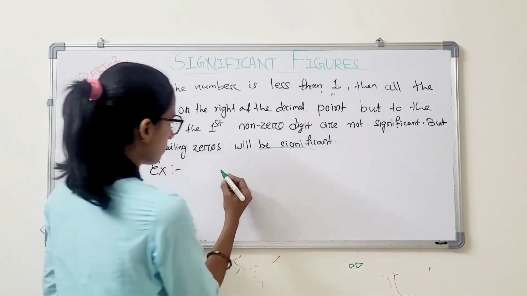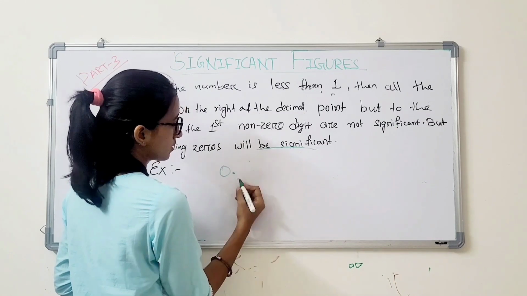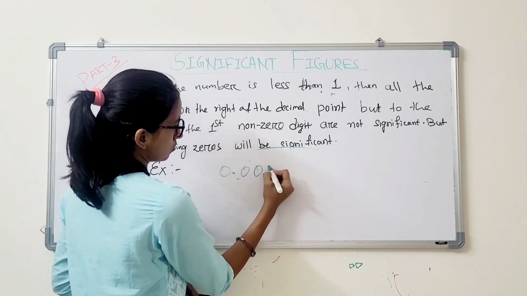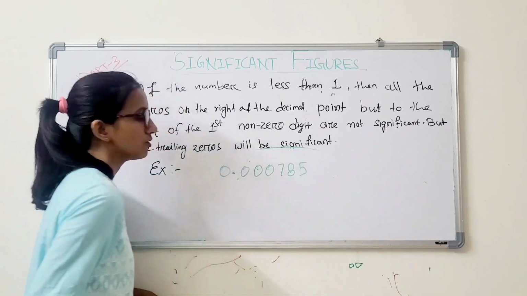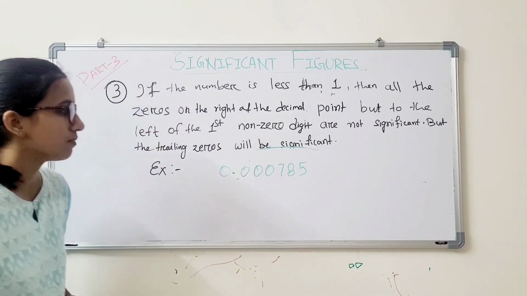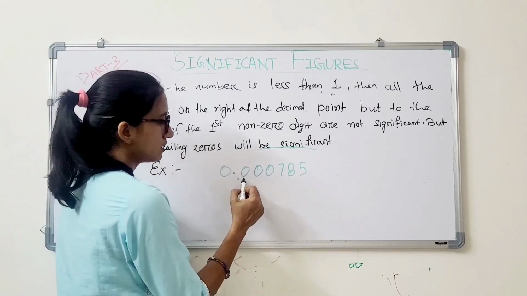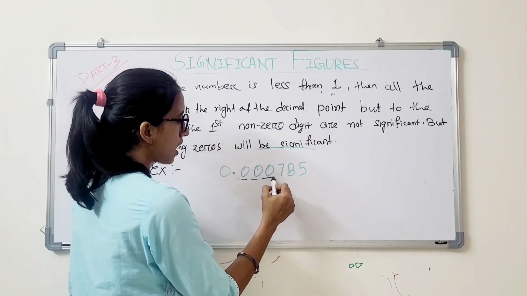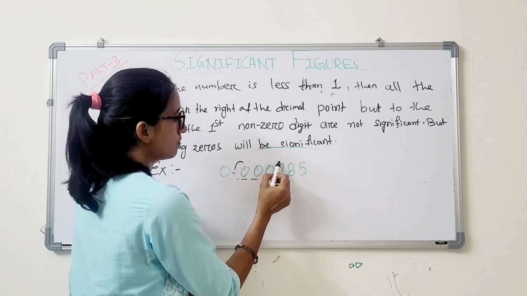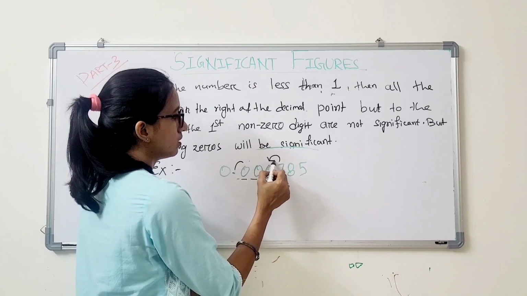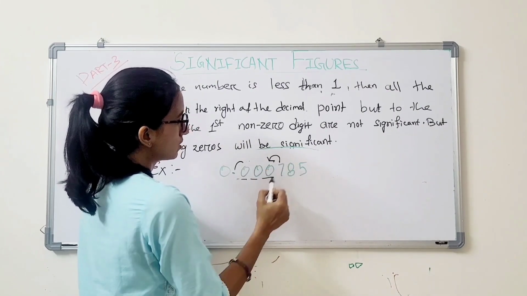Suppose another number is there which is 0.000785. Can you tell me how many significant digits are there? Yes. These zeros are on the right of the decimal point and before the non-zero digit.